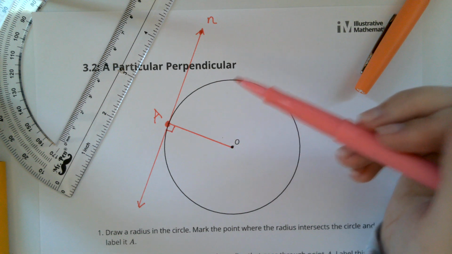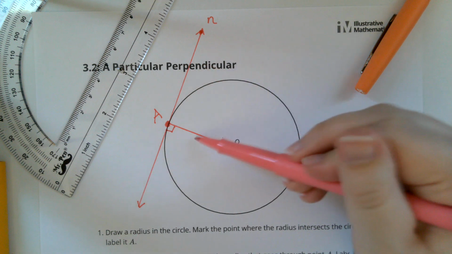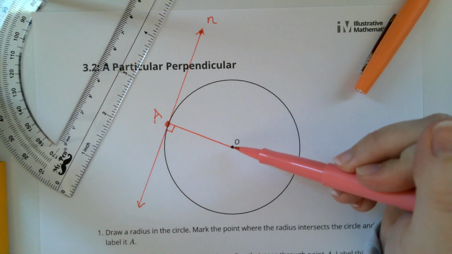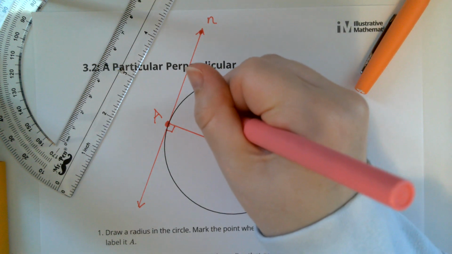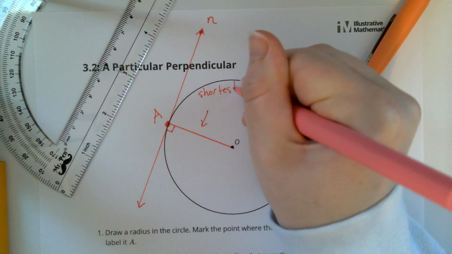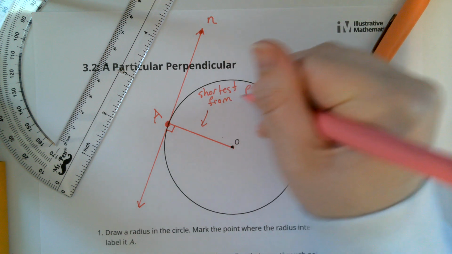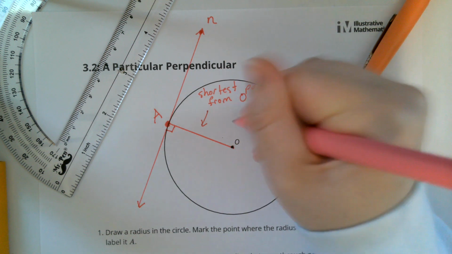So, in other words, the shortest path from here to this line is this path right here. So this is the shortest path from point O to line N.